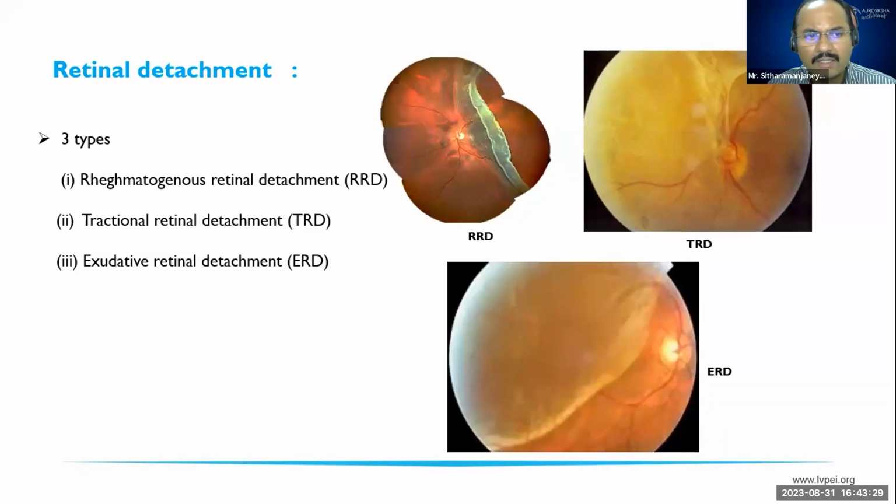The third one is exudative retinal detachment. When there is inflammation within the retina and choroid, the inflammation causes fluid accumulation. Fluid accumulates underneath the retina, pushes the retina forward, and causes retinal detachment. So these are the three conditions where a patient gets retinal detachment, and this can cause sudden loss of vision.